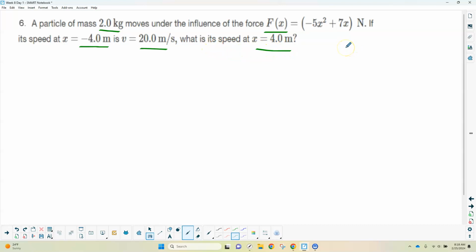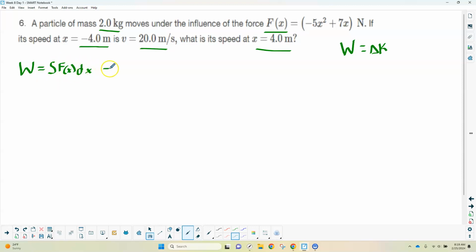So it's changing its kinetic energy, and the relationship that I'm going to use is the work is equal to the change in kinetic energy, which is sort of what we did last problem, but this one has some calculus in it. The other idea that we're going to use is the work is equal to the integral of the force as a function of x, dx.